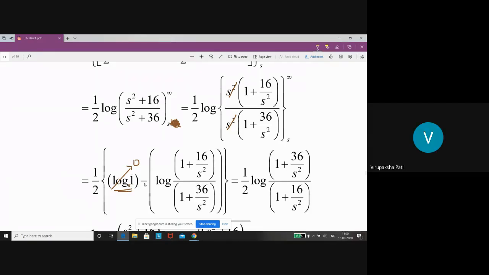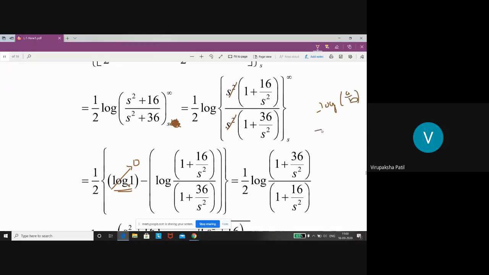Now next, this is minus there. If you take this minus sign inside, then what happens? I will write here minus of log a by b.